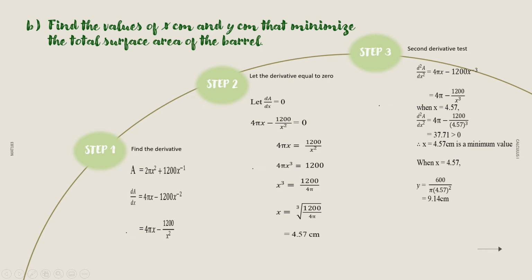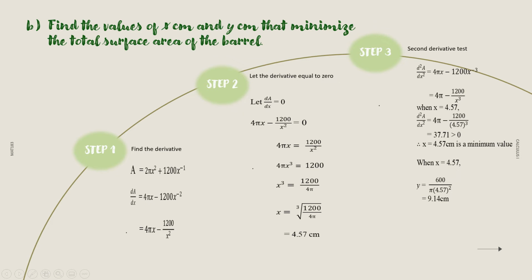Step number 2, we let the derivative equal 0. From step 1, our derivative is 4 pi x minus 1200 over x squared, so we equate it to 0. Then we simplify and we will get x equal to 4.57 centimeter.